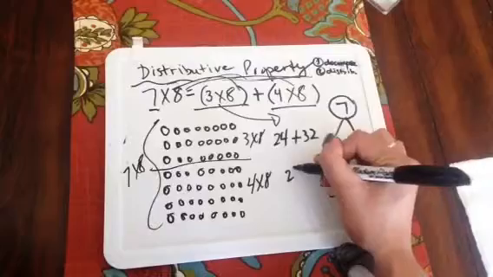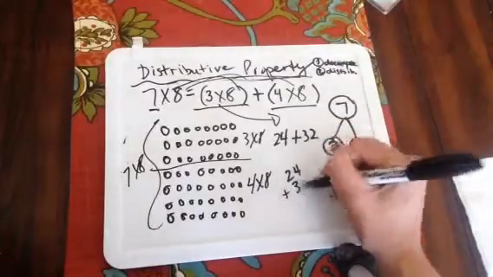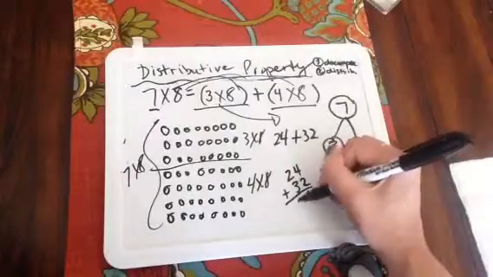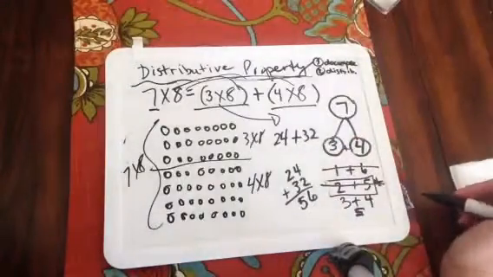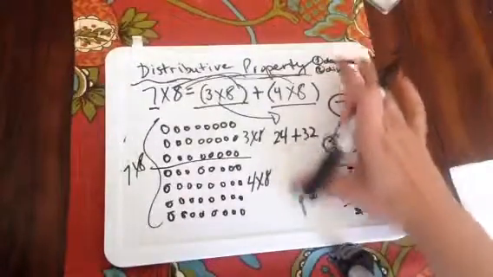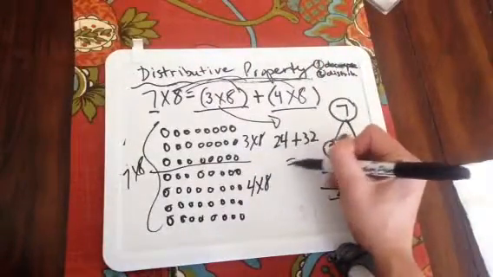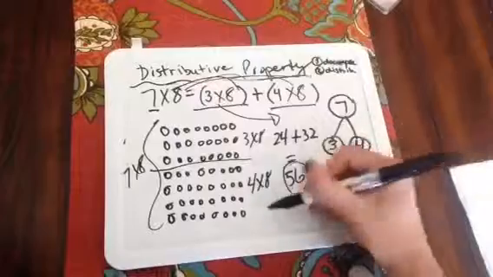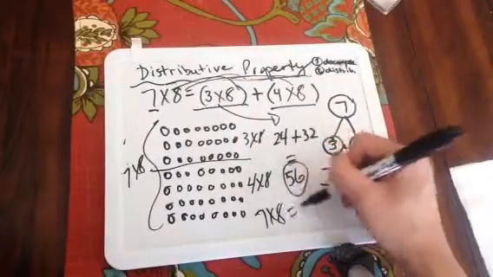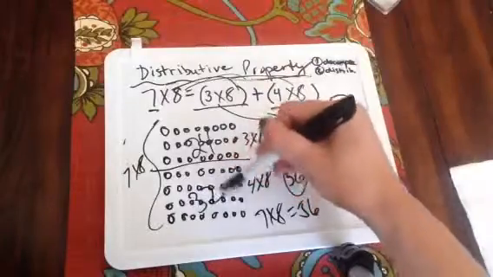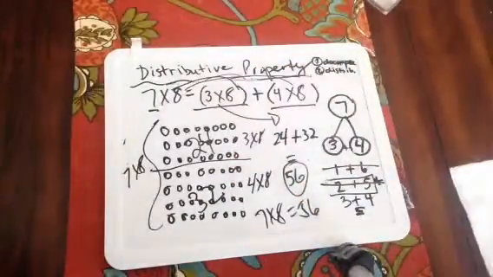But if you just double check it, especially on a quiz or a test, that's gonna just make sure you put the correct answer down. Okay, so 24 plus 32 equals 56. So 7 times 8 equals 56. And that's your 24, and that's your 32. Add them together, it gives you the answer.